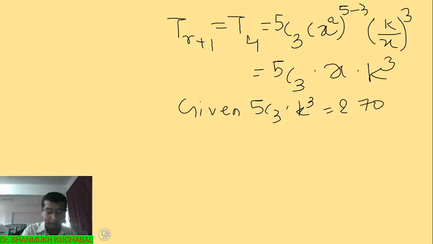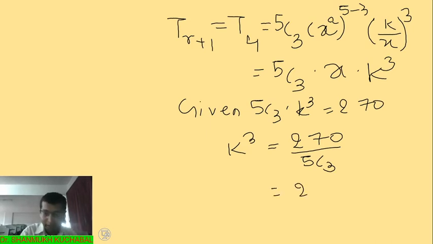Writing this, we get k cube solution is 270 divided by 5C3. Next, 270 divided by 5C3, it is 5 into 4 into 3 divided by 3 factorial, that I transpose into the numerator.